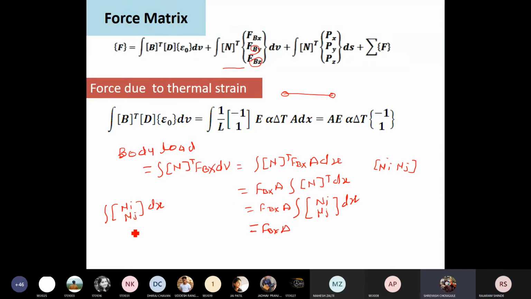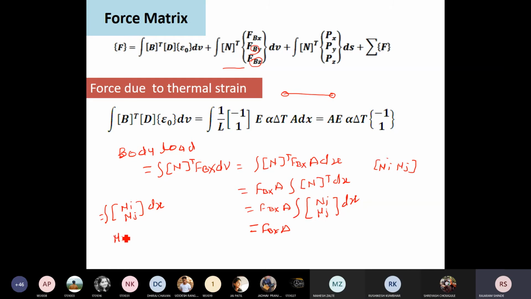Minus 1 by L and 1 by L, put the value of Ni Nj. From where have you taken minus 1 by L and 1 by L? No, sir, put the value of Ni Nj as xj minus x upon L. See here, you are not working in the simple way.